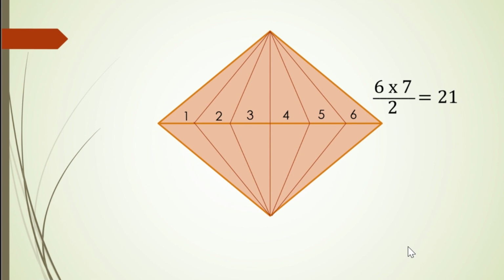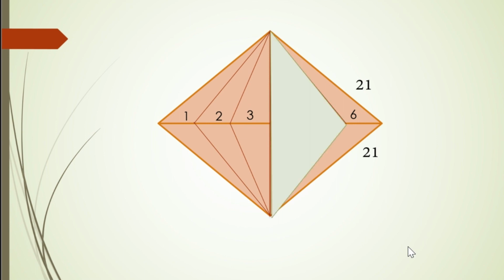As the lower part is a replica of the upper one, even the lower part will have the same number of triangles. So the middle vertical line, either side of this line is symmetrical. So with this line as base, we can form different triangles. 1, 2, 3, 4, 5, and 6.